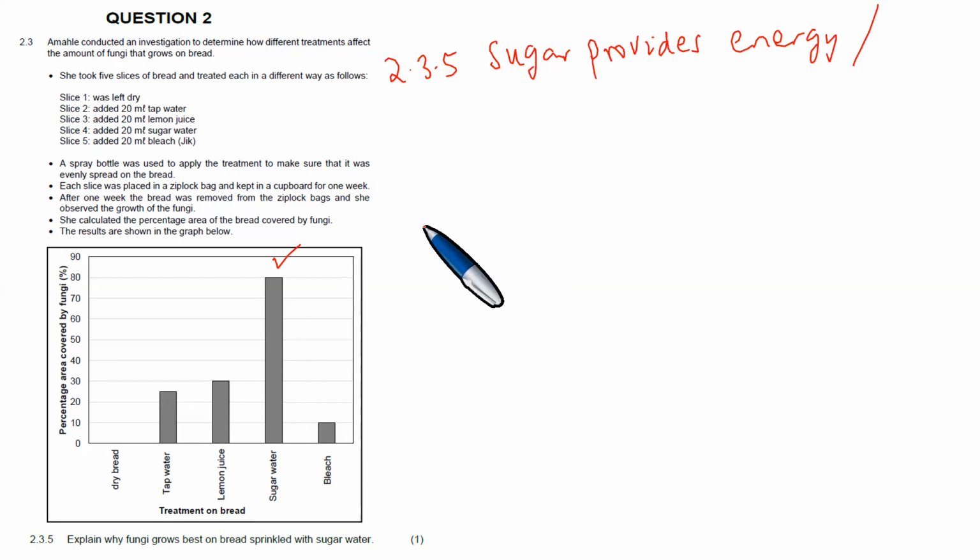If you drink tea, you are more energetic because the sugar contains a lot of energy. If you put sugar in your food, you get more energy from the sugar. So if you want to say sugar provides energy in these kinds of investigation questions in the exam, you say that it is food for fungi.